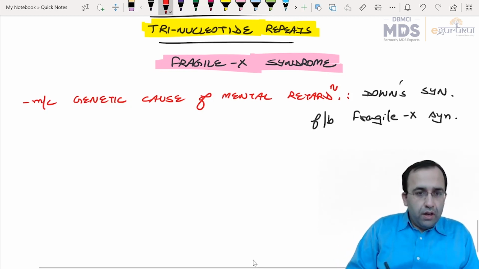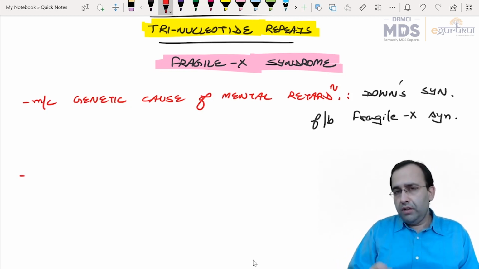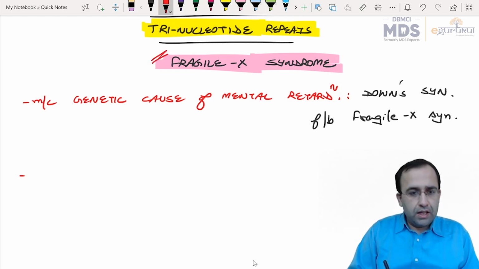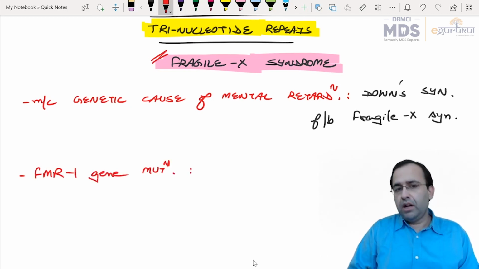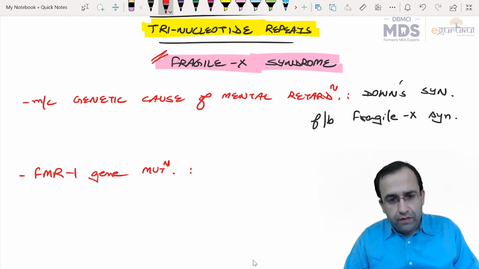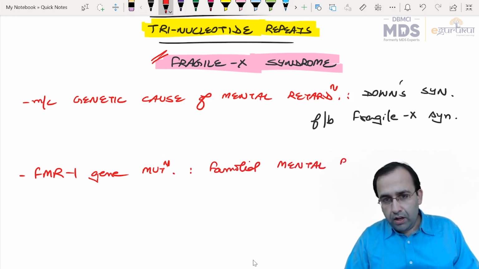Next point, the gene mutation seen in Fragile X is the FMR1 gene mutation, which stands for familial mental retardation 1.